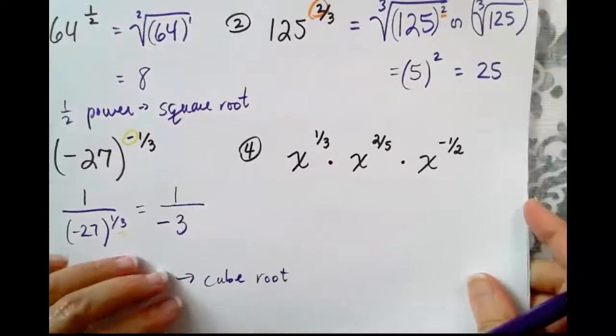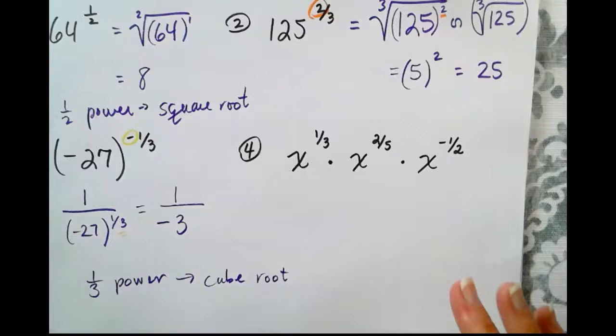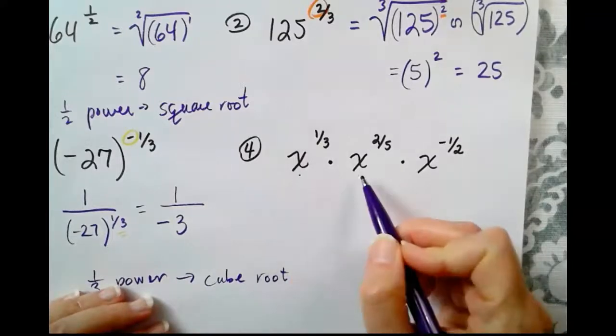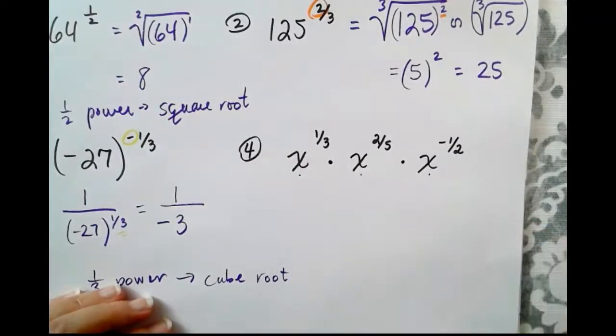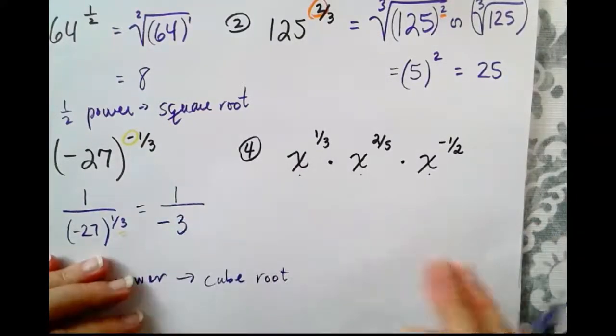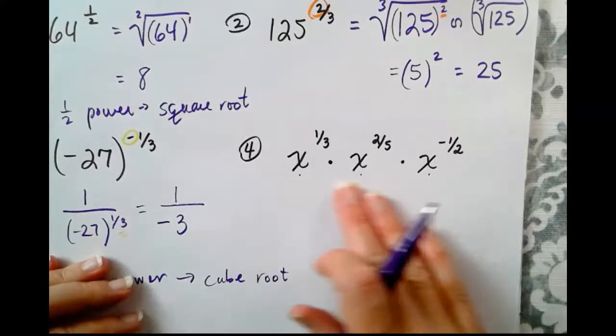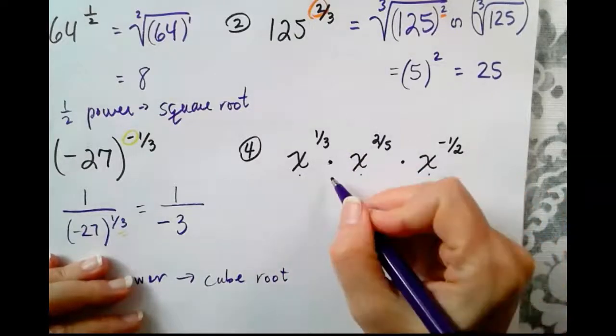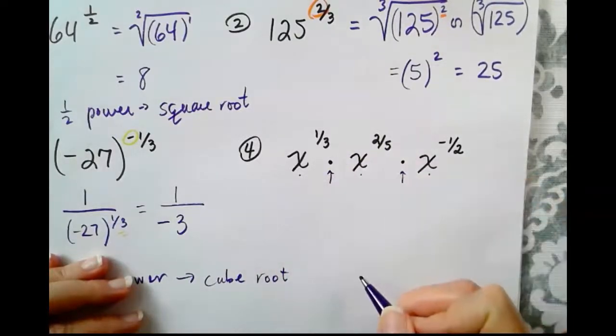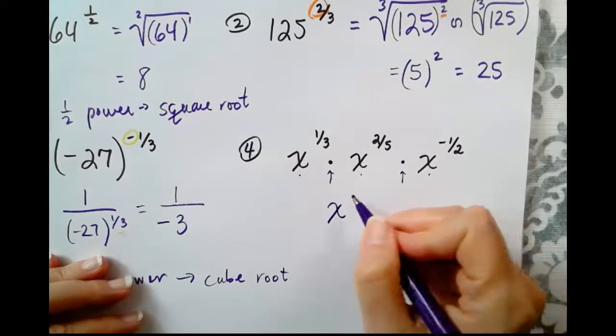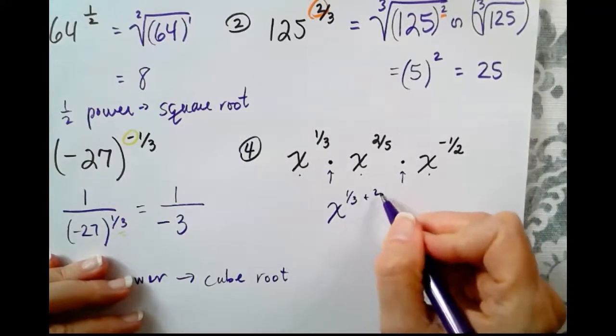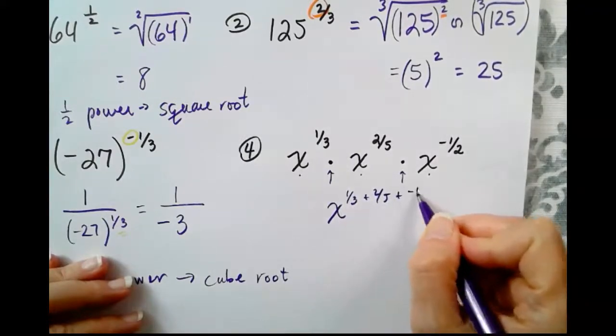Number 4, last problem for this video. In this particular problem, we have a base of x. And if the base is the same and we are multiplying, all we're going to do here is add those exponents.